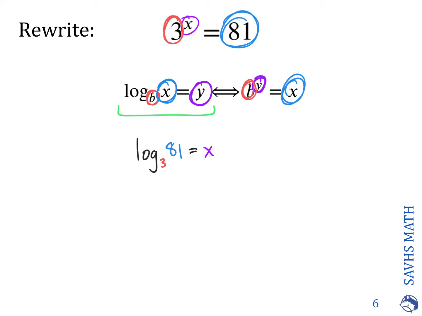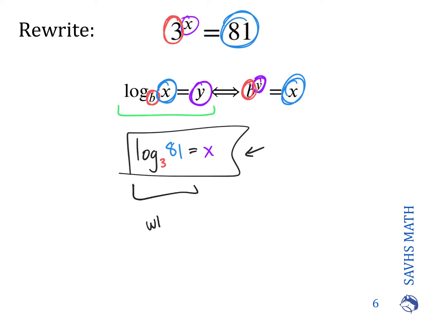And so this is our new rewriting of this equation. This is not really telling us much yet, but I'm getting to the point of being able to say this is how we could put this in our calculator. So this could actually give us an answer if we put this in our calculator, and we'll talk about that in the future. By the way, let's evaluate log base 3 of 81.